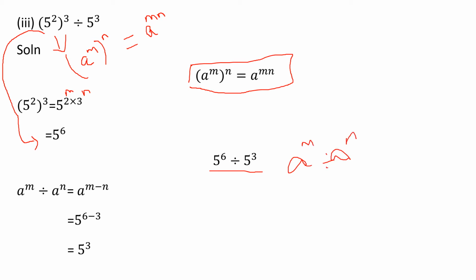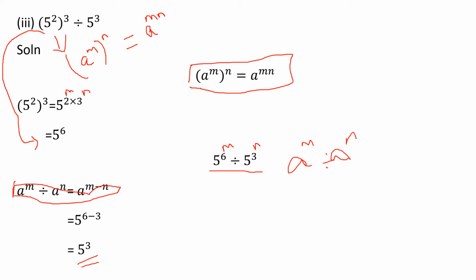Write it down: a power m divided by a power n is equal to a power m minus n. Here a is 5. This is m and this is n. 6 minus 3, we are getting the answer 3. So 5 power 3 is the answer.